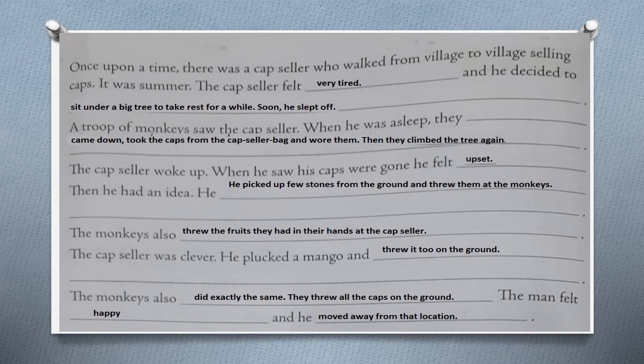The cap seller was clever. He plucked a mango and threw it on the ground. The monkeys also did exactly the same. They threw all his caps on the ground. The man felt happy. He collected all his caps and he moved away from that location.